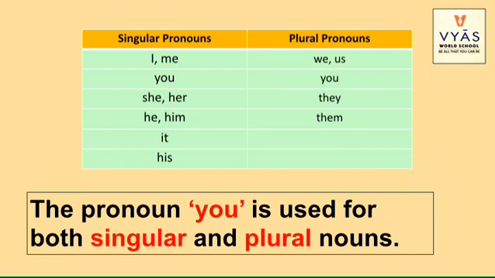And with plural nouns, we use pronouns such as we, us, you, they and them. One thing that you must have noticed here is that the pronoun you is used for both singular and plural nouns. You is the only pronoun that we can use with both the singular and the plural nouns.